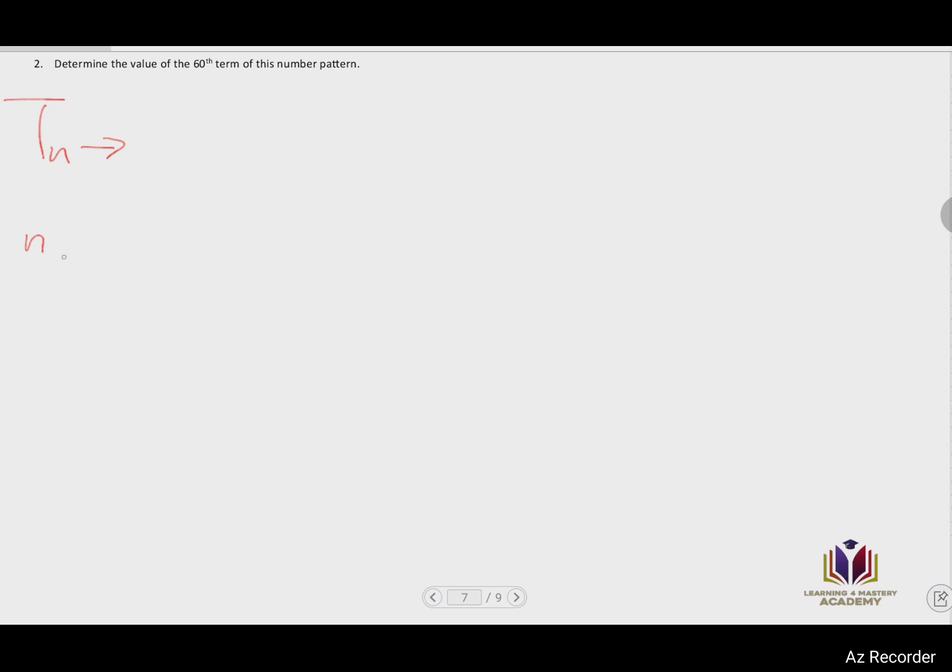What is Tn? Tn is the value of the term. And n is the position of the term. So Tn is the value of the term and n is the position of the term.